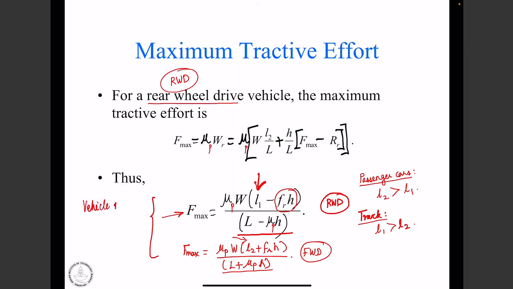You remember we looked at vehicles 1, 2, and 3, and we would have seen some relevant parameters, W, L1, L2, and then h and capital L. So you take mu p to be equal to 0.8 and then evaluate F max for a front wheel drive and a rear wheel drive for all the three classes of vehicles, and then comment on which wheels are going to provide us with more maximum potential tractive force, and consequently which wheels would be beneficial to be driven.